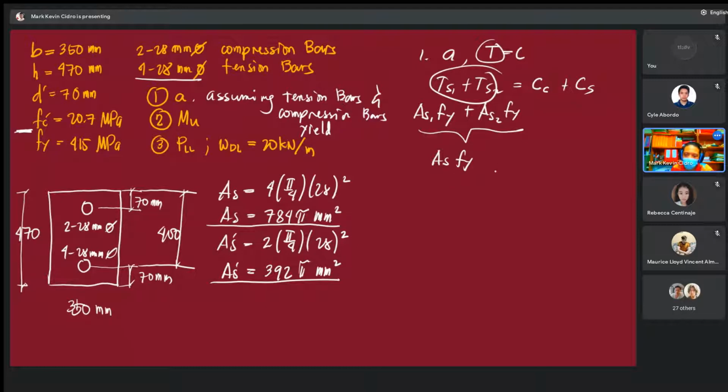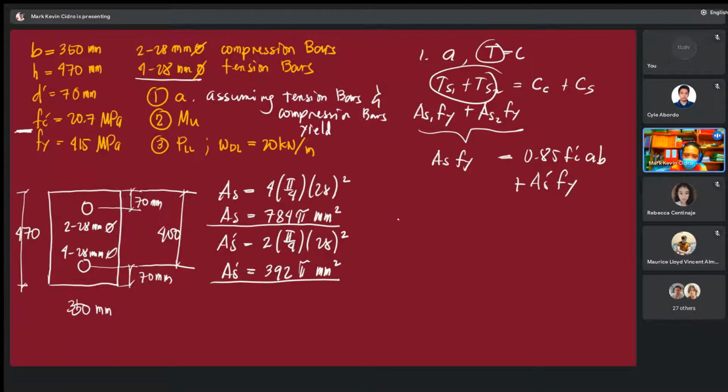That is AS FY, and this is equal to your CC plus CS. What's your CC? CC is 0.85 FC prime AB. Plus your CS, that is AS prime multiplied by FY, since we are assuming that it also yielded. Okay, everything is given.